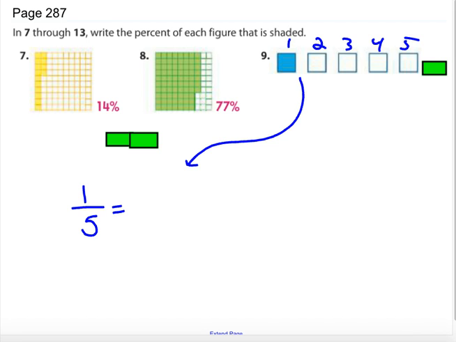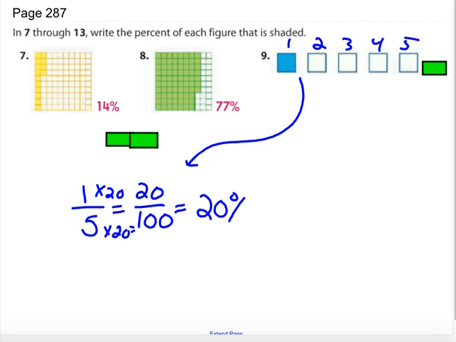We could set it up and say, okay, well, we know that we want to get to a comparison of 100, so I can create equivalent ratios. 5 times 20 equals 100. Multiply 1 times 20, and that would give me 20, which is then going to be 20%. Okay? And that is what our answer is.